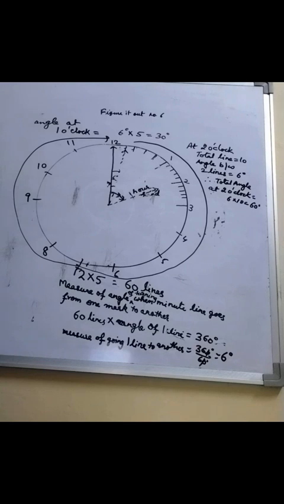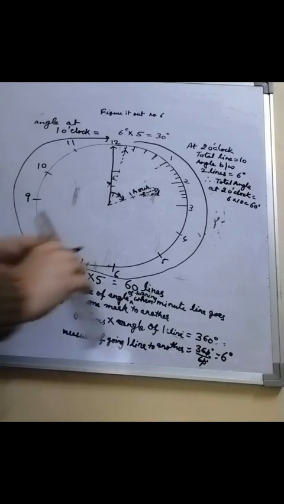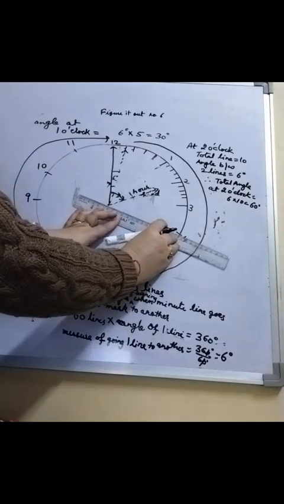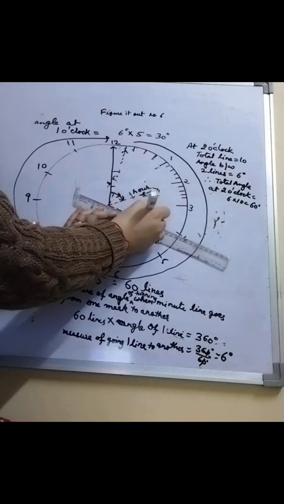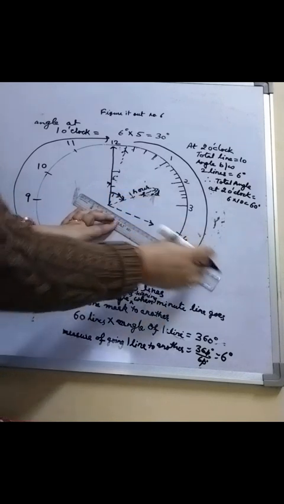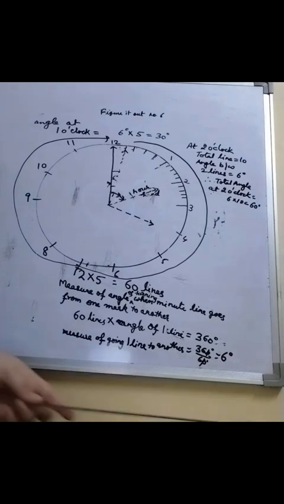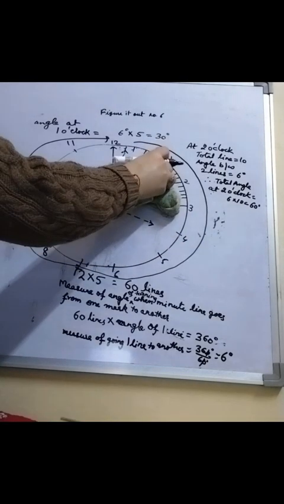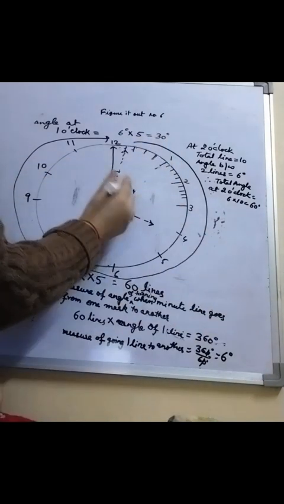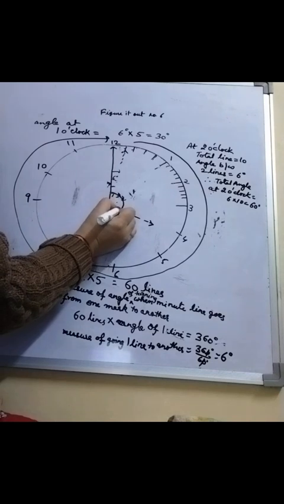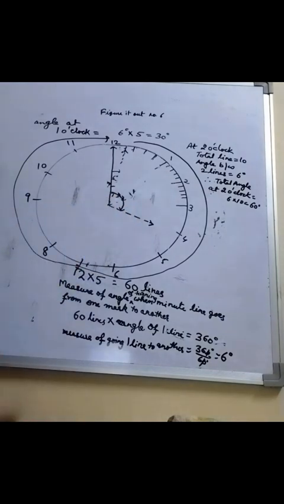What would be the angle at 4 o'clock? Now you move your hour hand to 4 o'clock. Now let us rub this 2 o'clock from here. So this is your 4 o'clock. How many lines are there now?